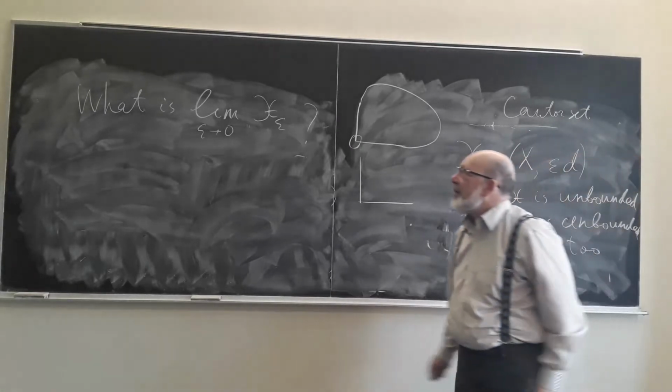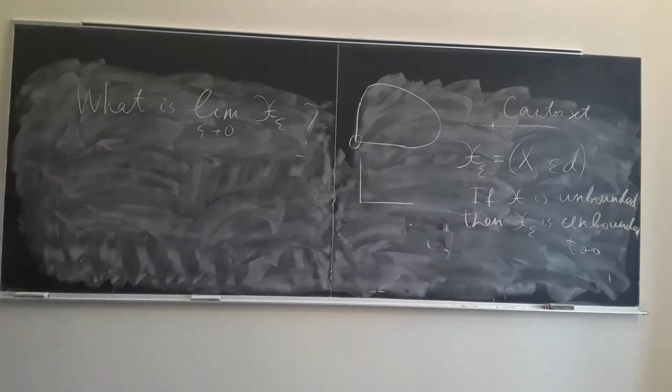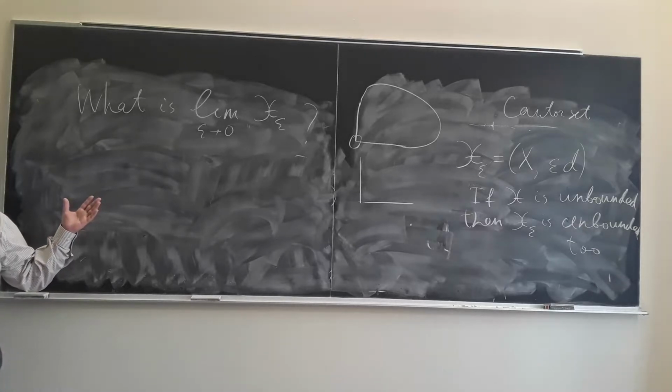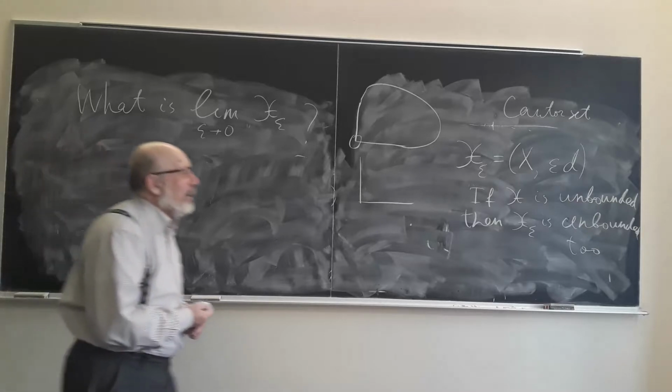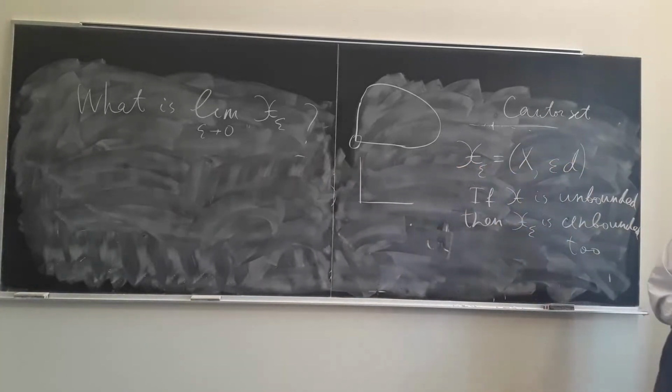So if this limit in some sense is defined and exists, then it is what we can call the asymptotic space at infinity. So we have here a sequence of unbounded metric spaces and ask what is its limit.